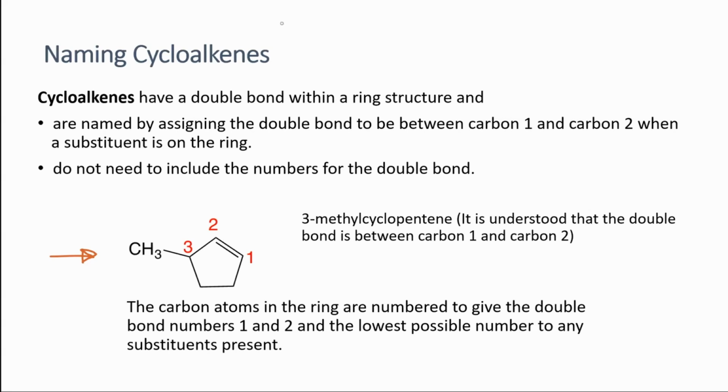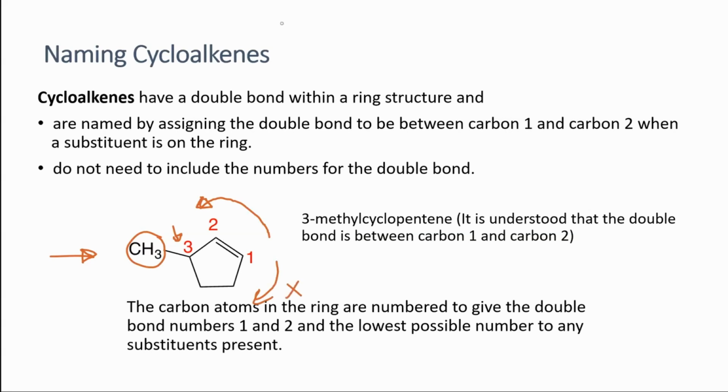Now, we need to number this cyclic structure, giving carbon 1 and 2 to the double bond containing carbon atoms. And also, you need to make sure you are giving the lowest number possible for the methyl group as well. So that's why we are numbering to this side, but not this side.